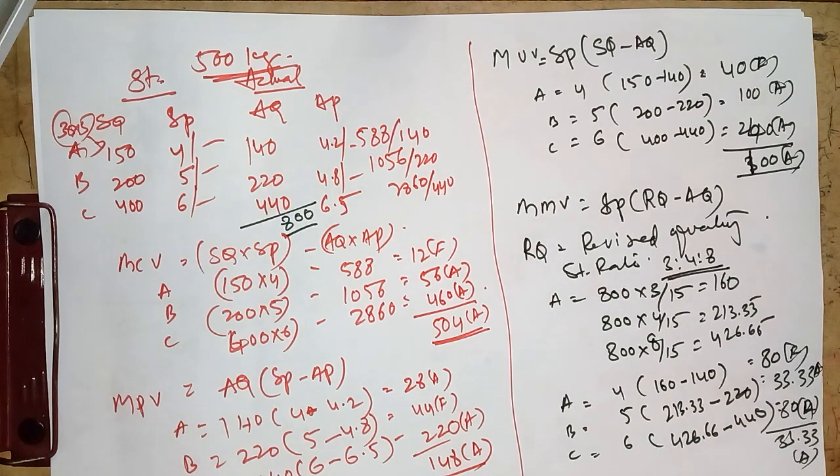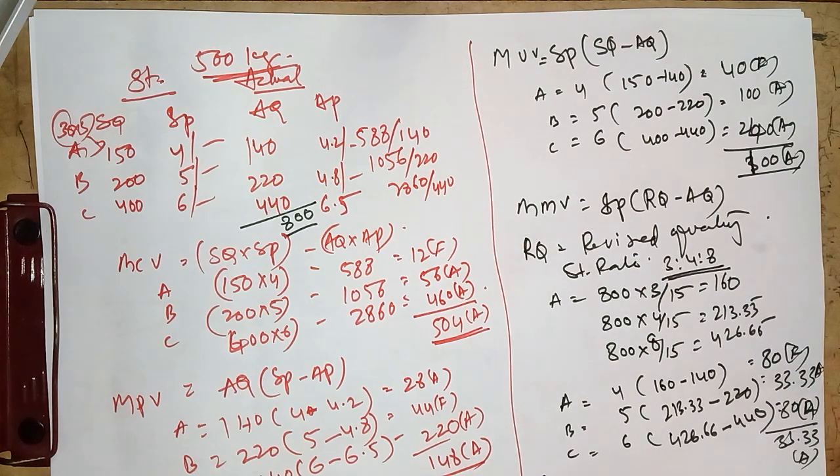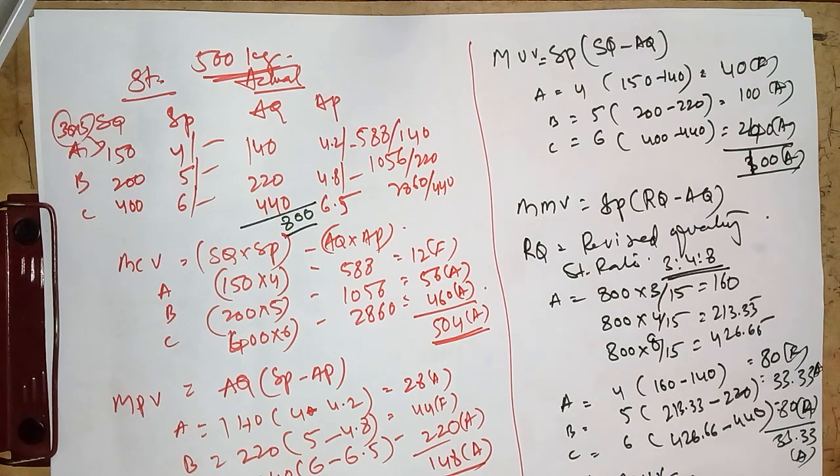So this is MMV. We can write a formula, that is MUV minus MMV.